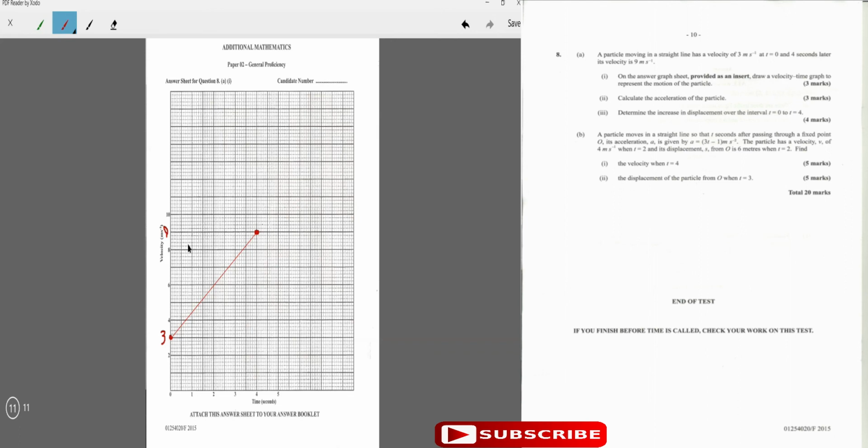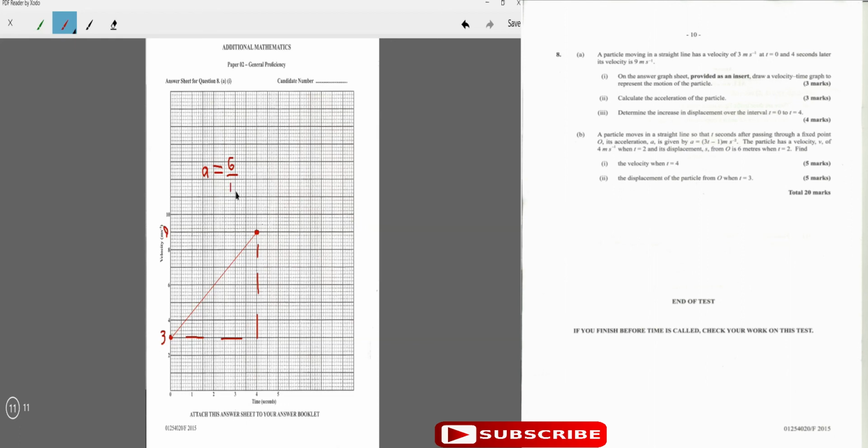Nice. What else do they ask now? They ask to calculate the acceleration of the particle. Acceleration of the particle is the gradient, so just find the gradient. The acceleration a is equal to y2, which is 9, minus 3, which is 6, over x2, which is 4, minus x1.